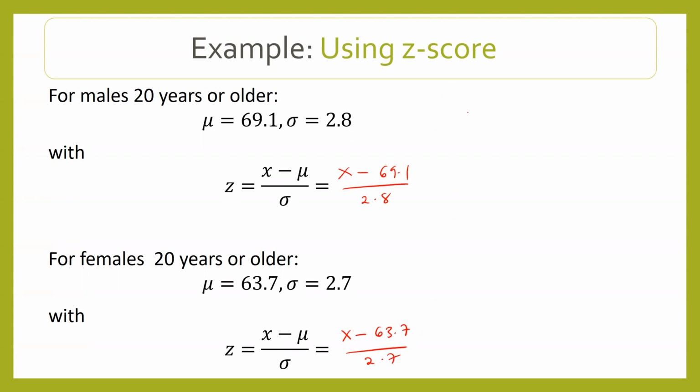In particular, the Z-score for Kevin Garnett, who is 83 inches tall, will be 83 minus 69.1 divided by 2.8.